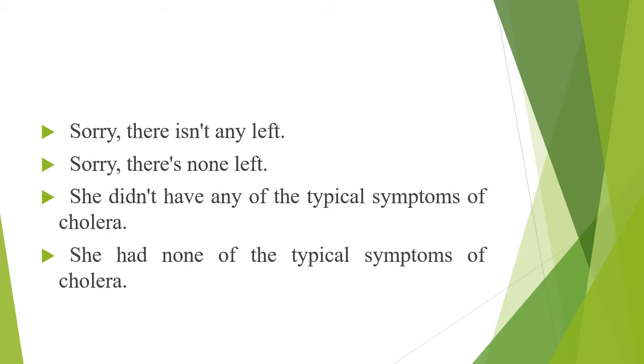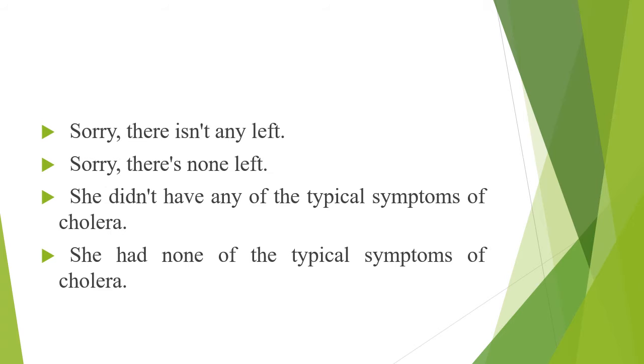She didn't have any of the typical symptoms of cholera. Compare this with she had none of the typical symptoms of cholera. In the second sentence, when you use none of, here you confirm that there is no symptom.